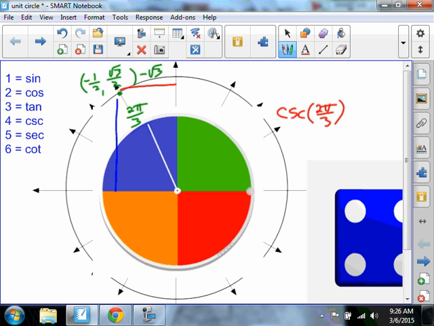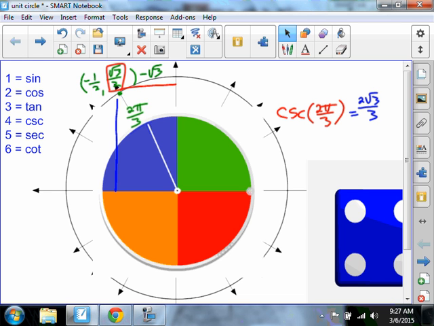The y coordinate's rad 3 over 2, so we want the reciprocal of rad 3 over 2. So that would be that nasty looking one, 2 rad 3 over 3. That's what you're going to be doing next week in that unit circle challenge.